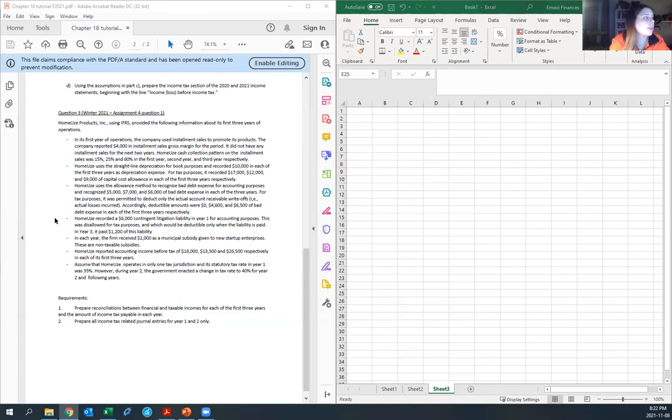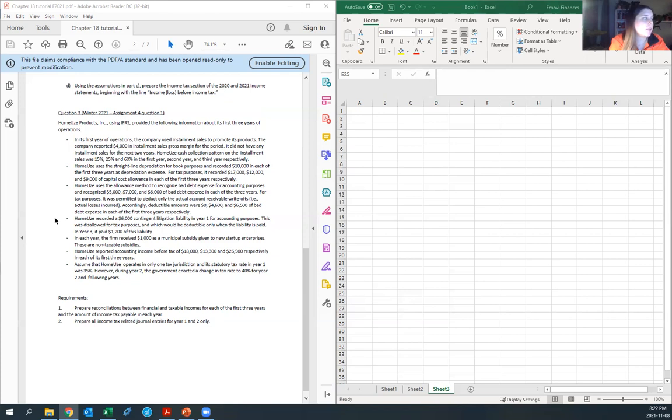Home use uses the straight line depreciation for book purposes and recorded $10,000 in each of the first 3 years as depreciation expense. For tax purposes, it recorded $17,000, $12,000, and $9,000 in CCA in each of the first 3 years, respectively. Home use uses the allowance method to recognize bad debt expense for accounting purposes and recognized $5,000, $7,000, and $6,000 of bad debt expense in each of the 3 years.